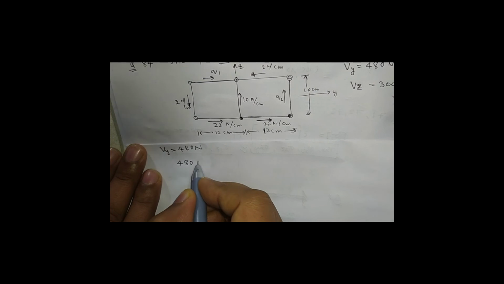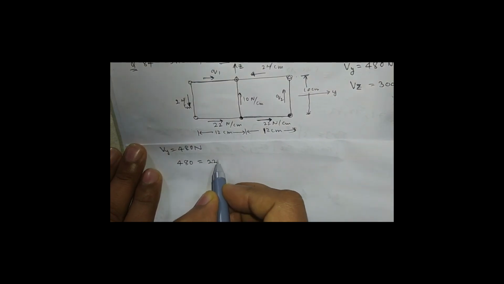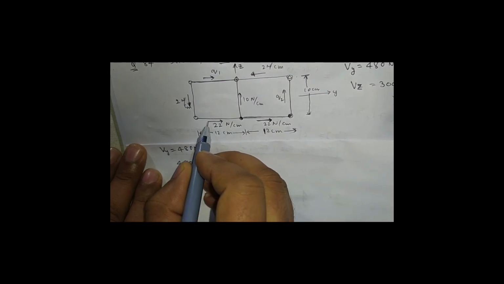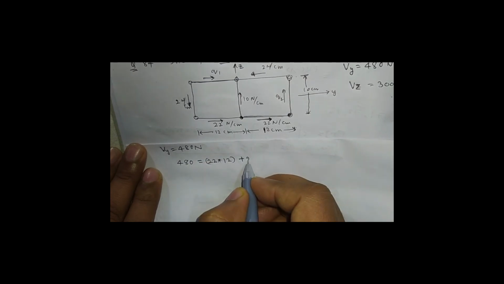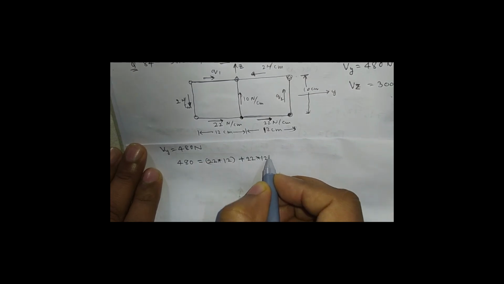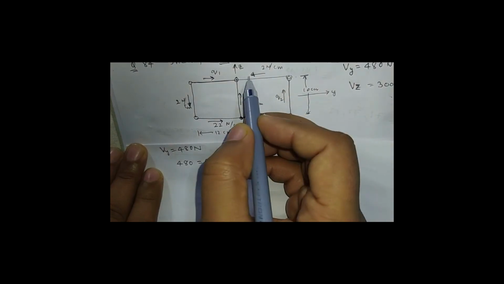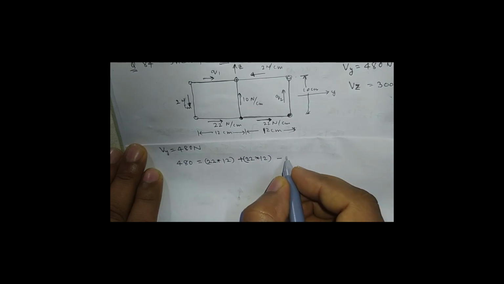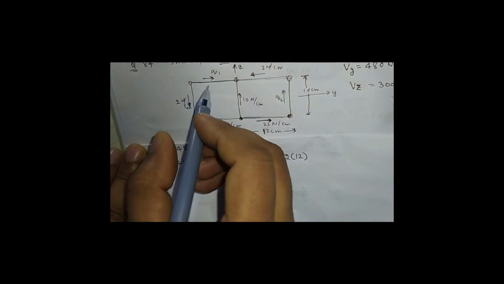480 is equal to 22 multiplied by 12, and also it is acting in the same direction, plus 22 multiplied by 12. Now this shear flow is acting opposite to the y direction, so minus 2 multiplied by 12, this is 12, and Q1 is acting in this direction.